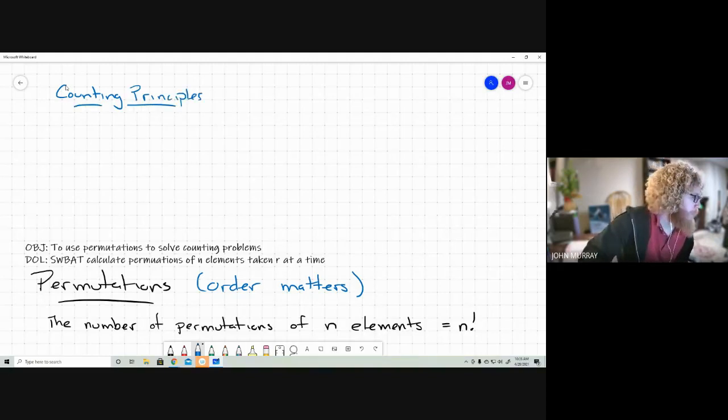It goes with the definition that we had for the counting principle, but I didn't say this specifically. When we have problems where we want to know how many different combinations of something we have, well, let's start with an example.